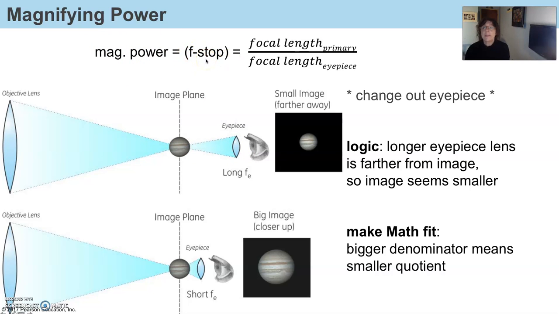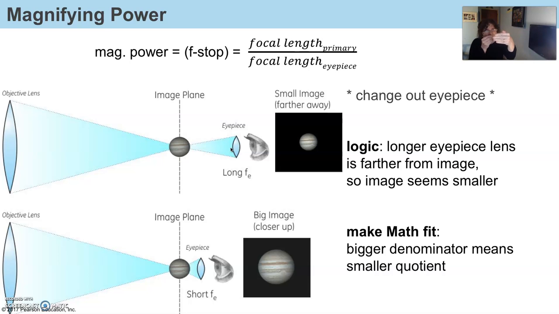Now, that means that, well, I guess we could change out the eyepieces, and you can change out the eyepieces. This happens to be an eyepiece which has a relatively long focal length here. It's certainly much shorter than the prime focal length, but has a relatively long focal length. A longer focal length means that your eye is farther away from that image that's posted right at the focal point.